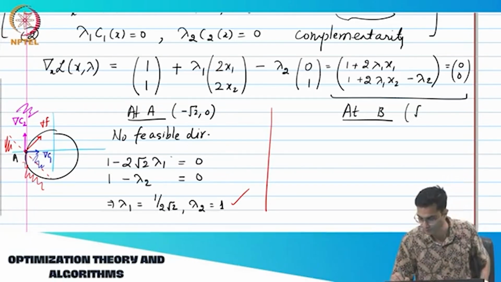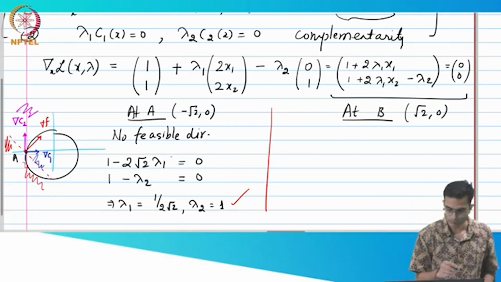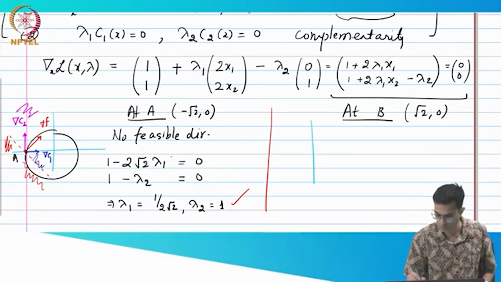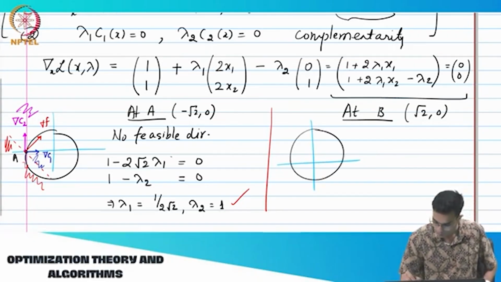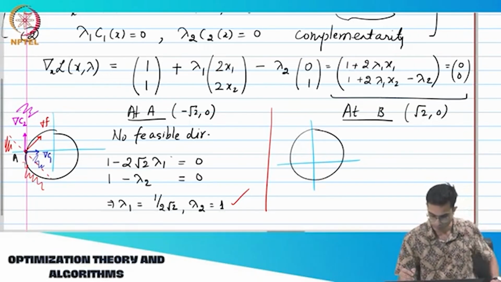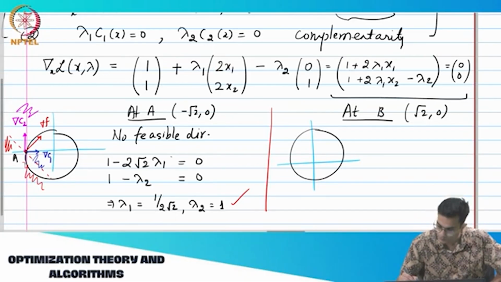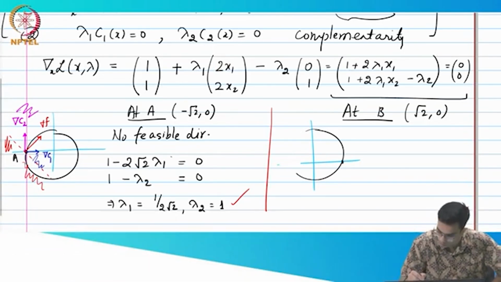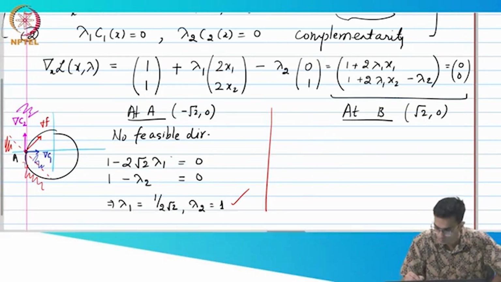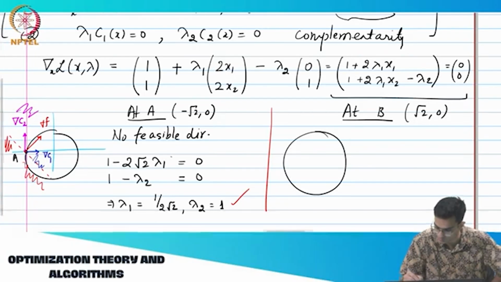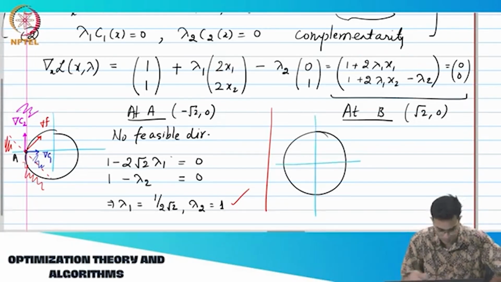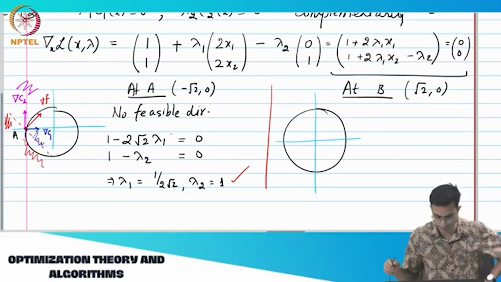So at point B, my directions are like so. Draw this over here. Okay. So this is a terrible diagram. Draw the circle first. Okay.